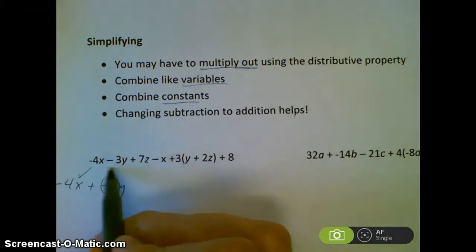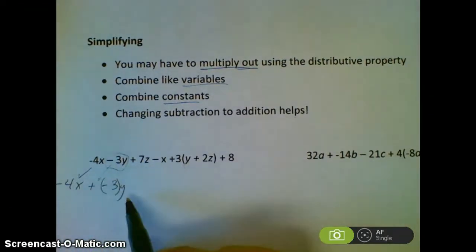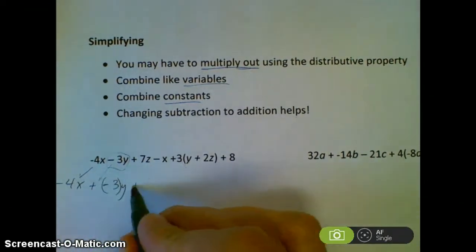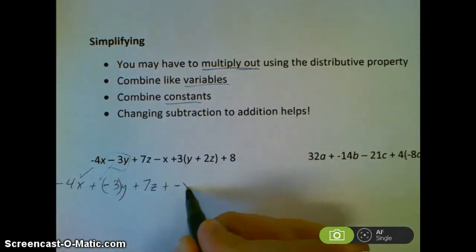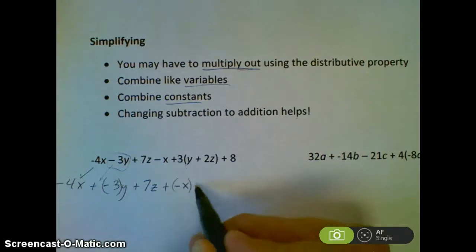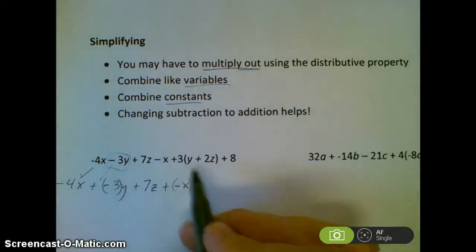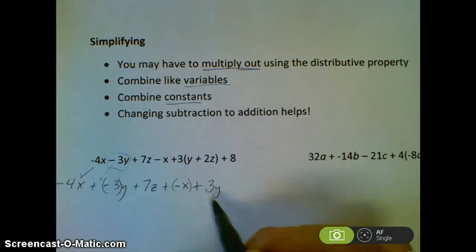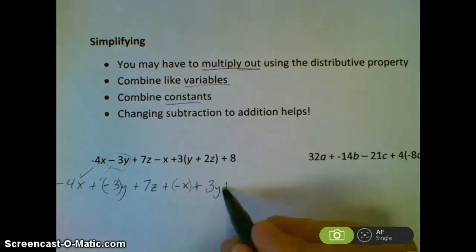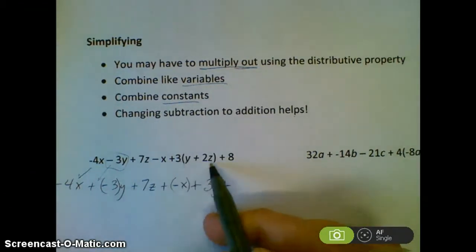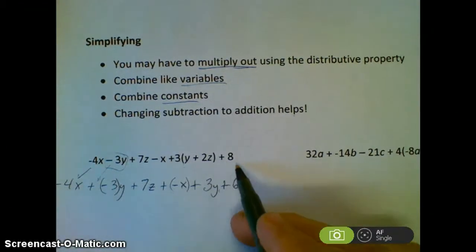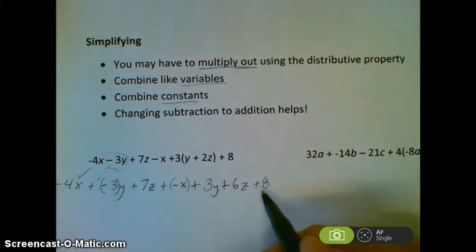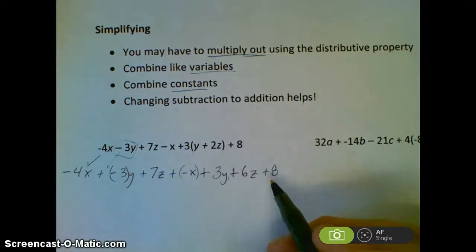I just changed this subtraction into addition of the opposite, plus 7 times z, plus a negative 1x or negative x, plus 3 times y would be 3y, and then this operation here is addition. 3 times 2z, 3 times 2 is 6, so I'm actually adding 6z, and then my constant here just comes down, plus 8.